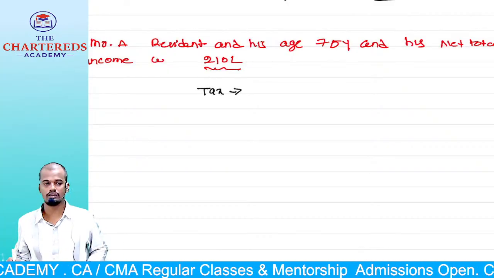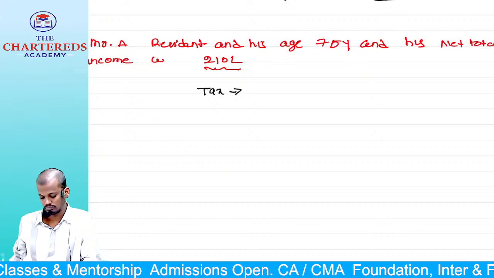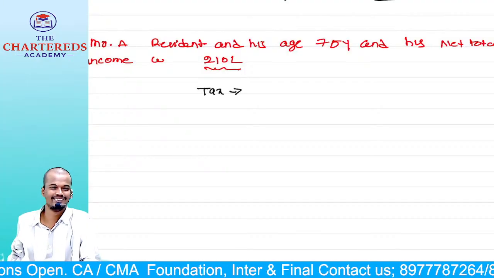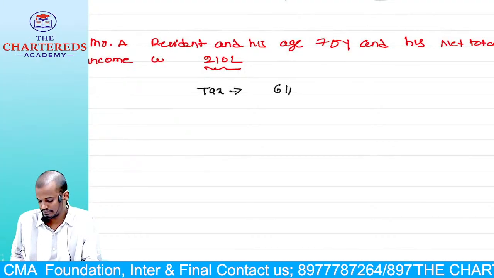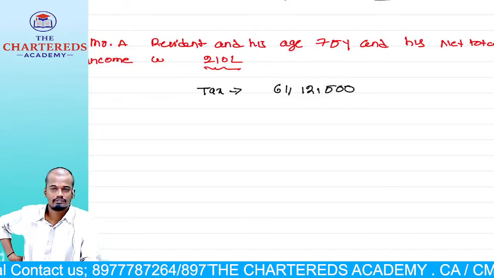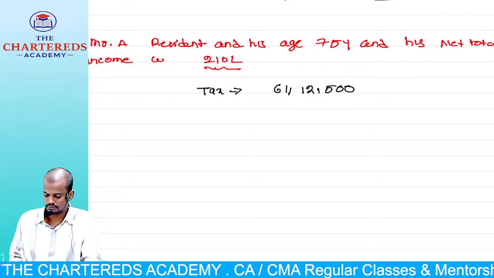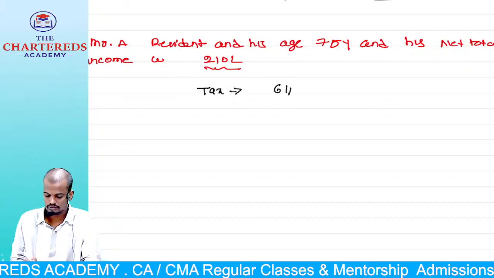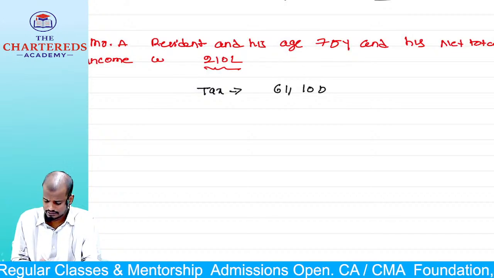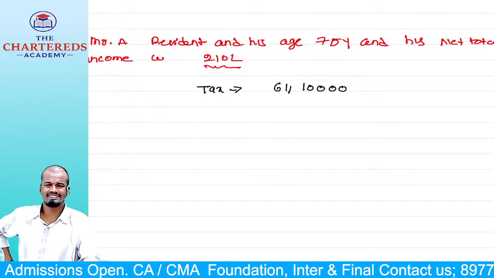Sir, what is the tax? 61 lakh 10,000. Up to 10 lakhs, 1 lakh 10,000.